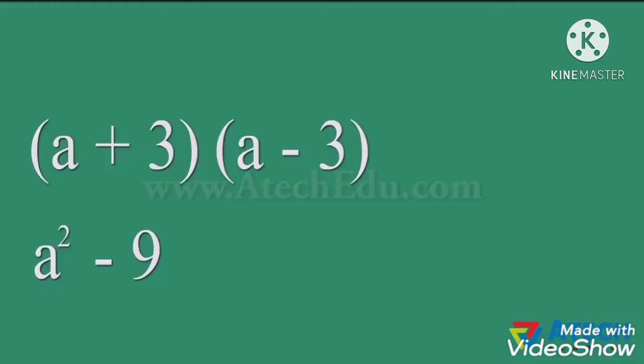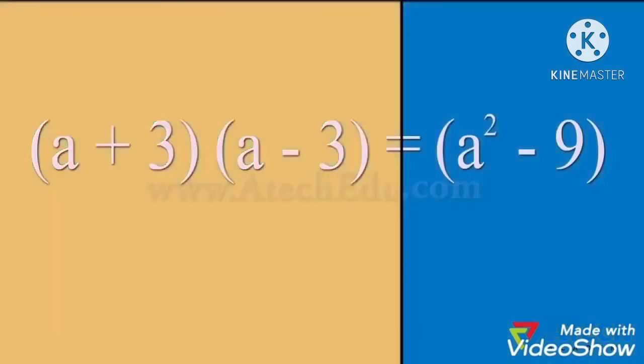Let us consider two algebraic expressions. We will combine both the algebraic expressions with an equal to sign. Now let us see. Are the two algebraic expressions really equal to each other? Let us check the value of the algebraic expressions in LHS and RHS for a equal to 4.